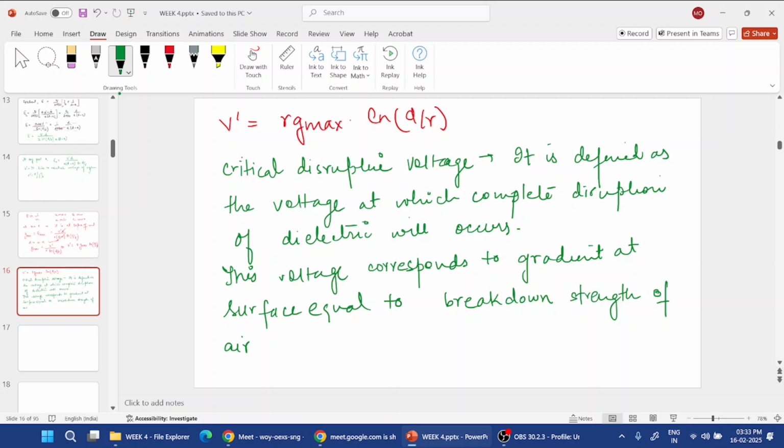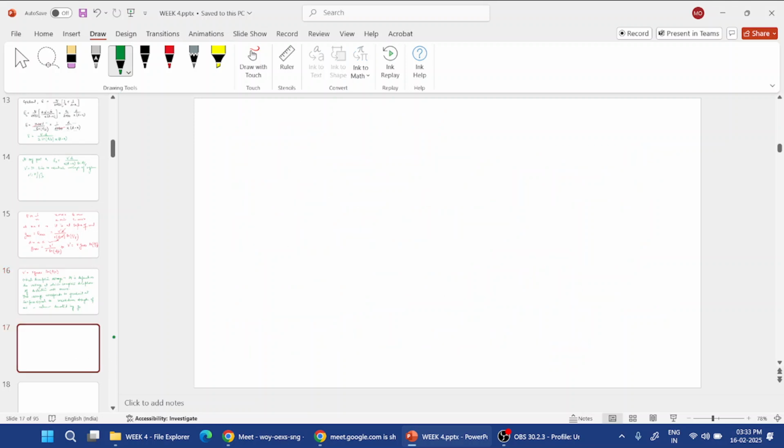It is denoted by G naught, and is equal to 30 kV per centimeter at 25 degrees Celsius and 76 mm of Hg, at these atmospheric conditions.